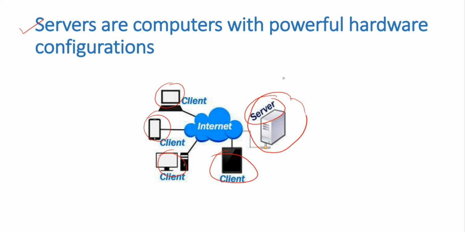Just because you are accessing Wikipedia does not mean that nobody else is accessing Wikipedia at that time. Thousands or millions of users might be accessing Wikipedia at the same time at which you are accessing. So the server needs to be powerful, so that it can take the load of all the clients and serve their requests, and it does not fail.